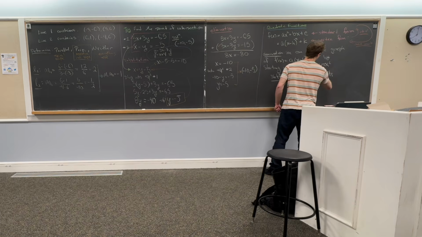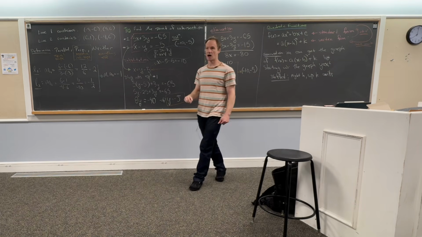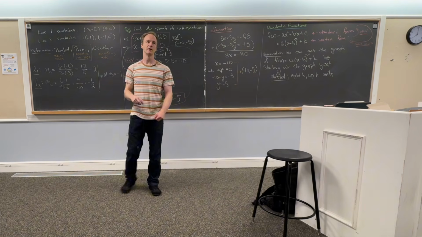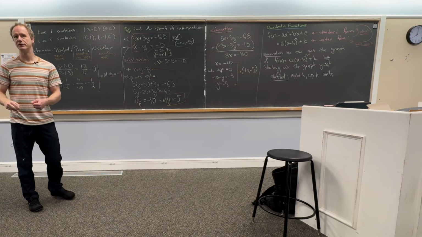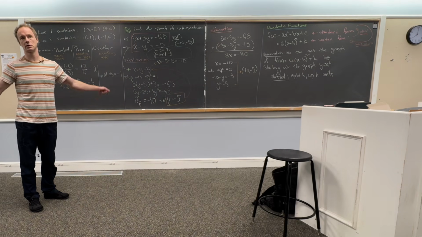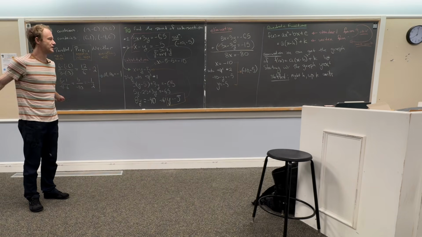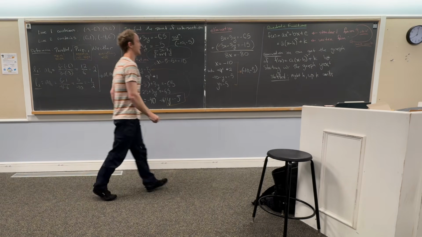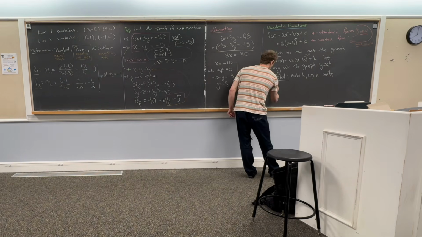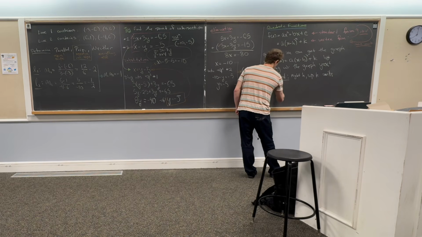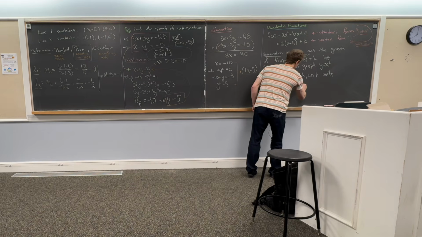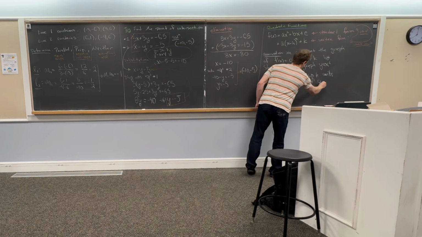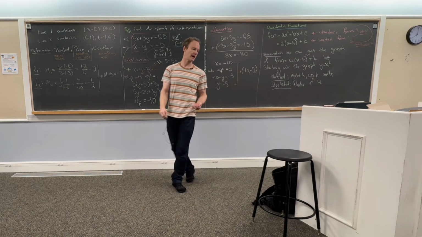This is a loose right and up, because if those numbers are negative, negative units right means left, and negative units up means down. Okay, so that's the shifting that has occurred, and then it's been stretched by a factor of a.